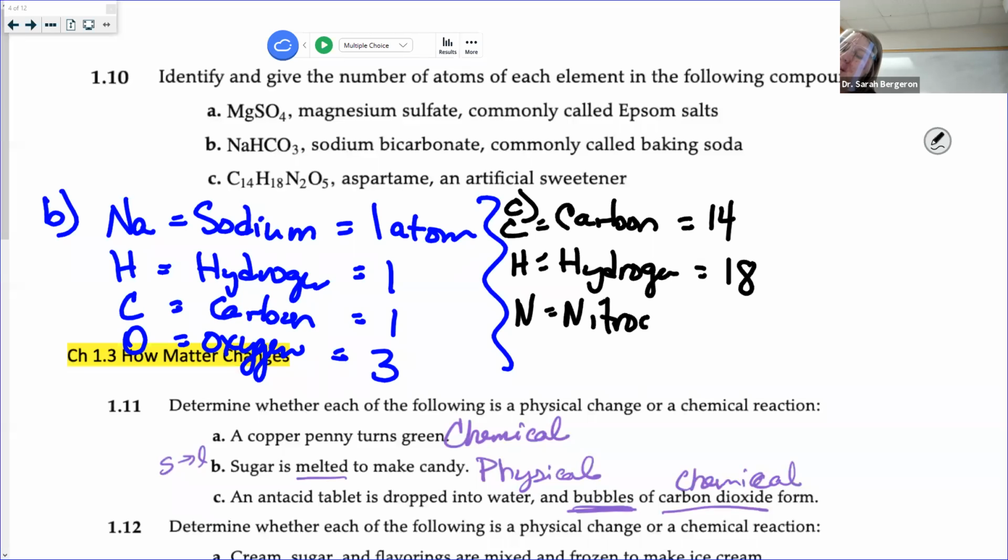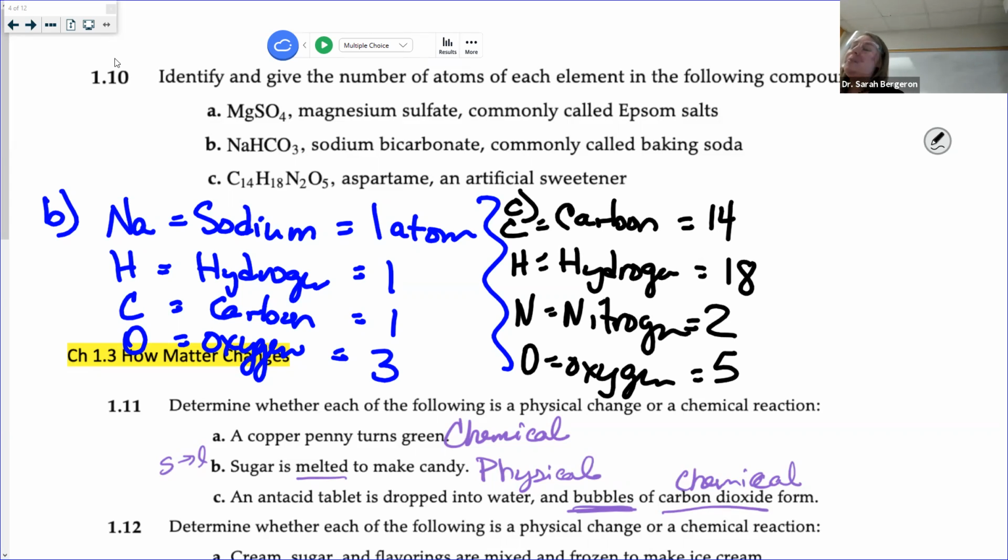How many? 2. And the last one? How many? 5. Okay, so the subscript that comes after it tells us how many atoms are inside of 1 molecule of that substance, right? So in 1 molecule of aspartame, we have 5 atoms of oxygen, right?